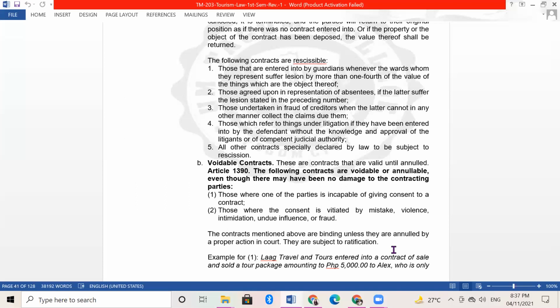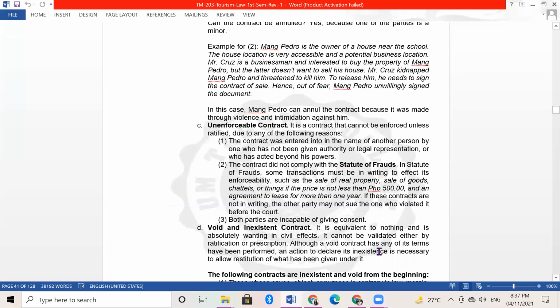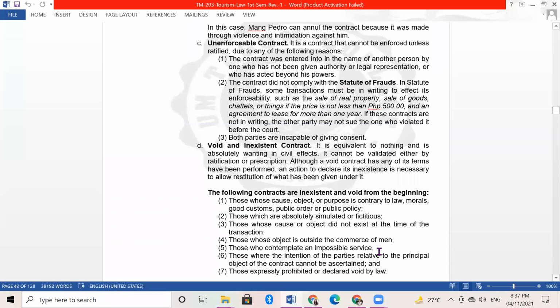So next is the unenforceable contract. This contract cannot be enforced unless ratified, due to any of the following reasons. First, the contract was entered into in the name of another person by one who has not been given authority or legal representation, or who has acted beyond his powers. Second, the contract did not comply with the statute of frauds.